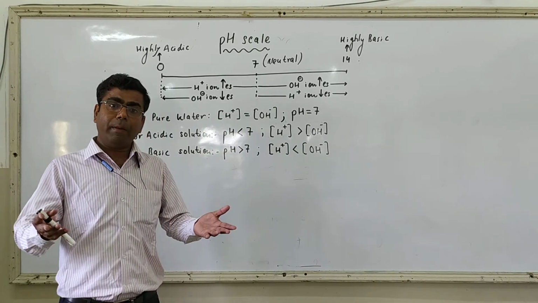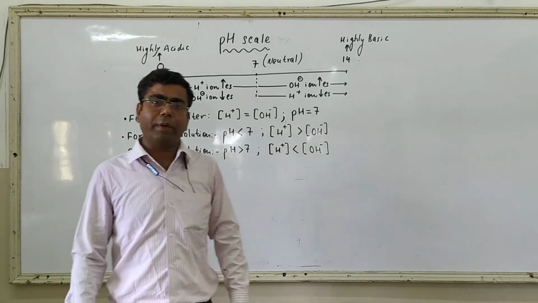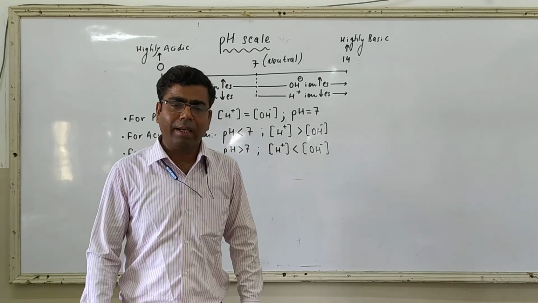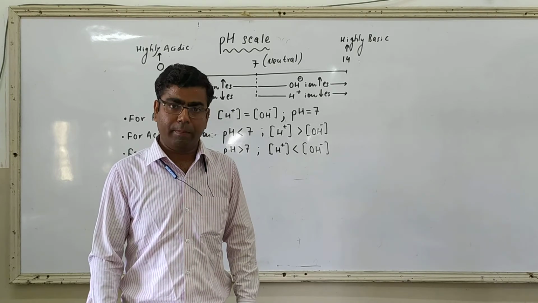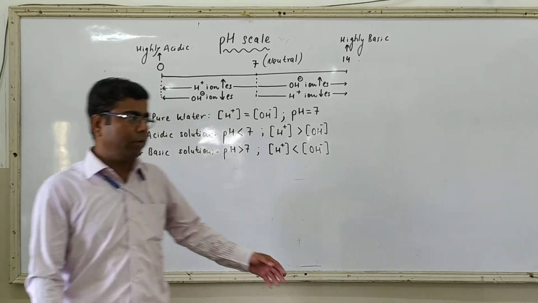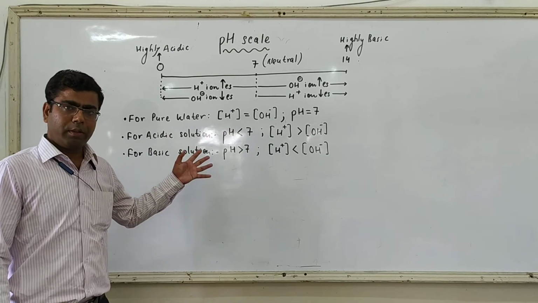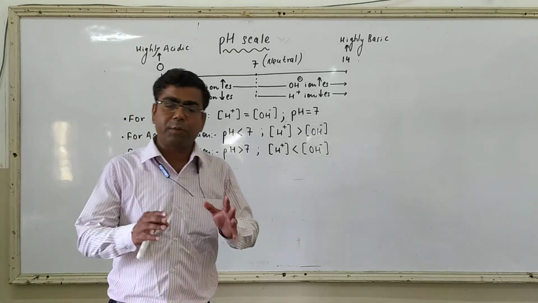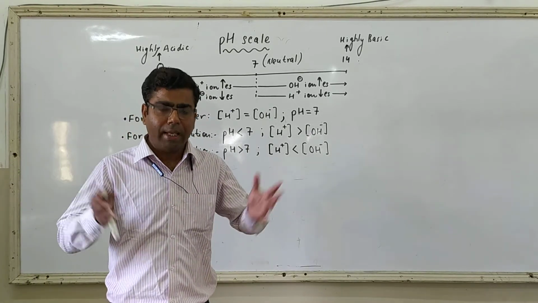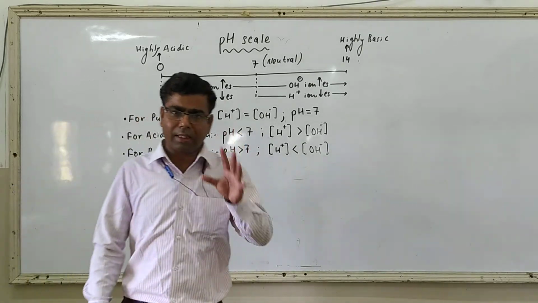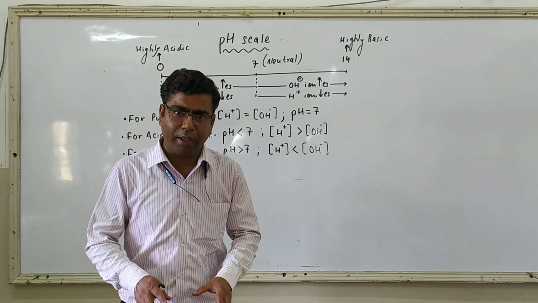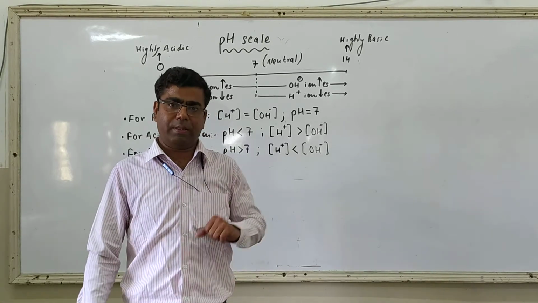We know it very well that the acidic property of any substance is directly regulated by the concentration or amount of H plus ion. So as we are moving from 7 to 0, the concentration of H plus ion increases, hence we can say that the acidic character or acidic strength of the solution will increase.